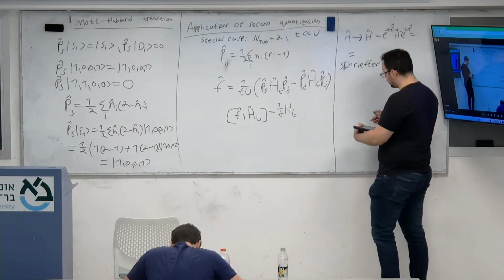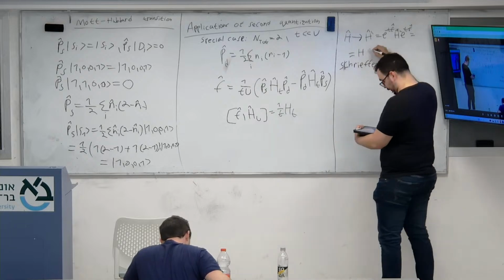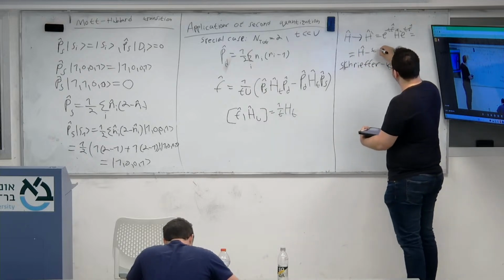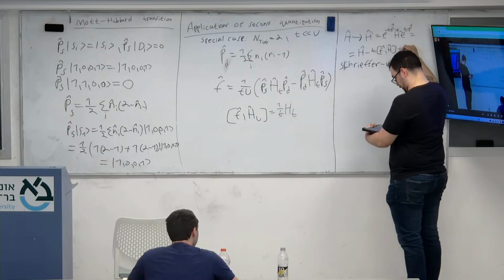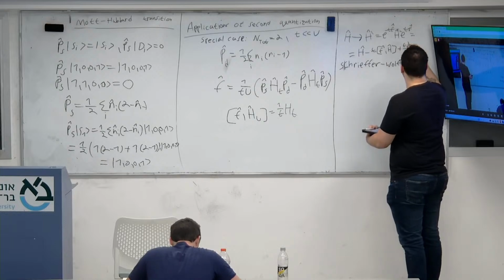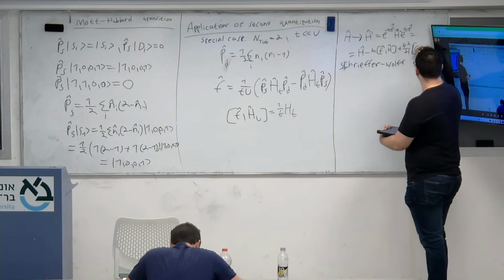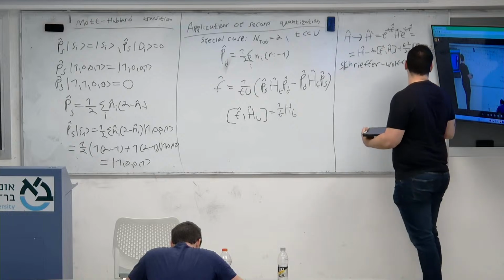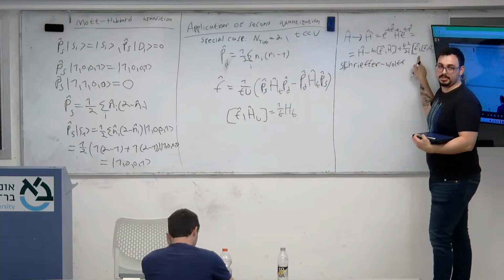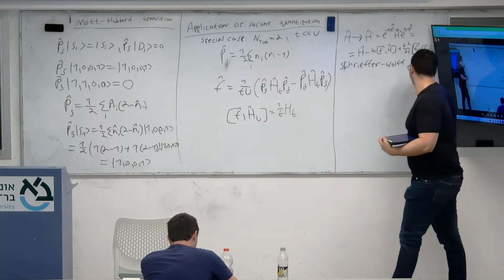H tilde equals H minus T F H plus T squared divided by 2, technically to the power of 2, F, F, H. This is a commutator inside a commutator, if you can see it.